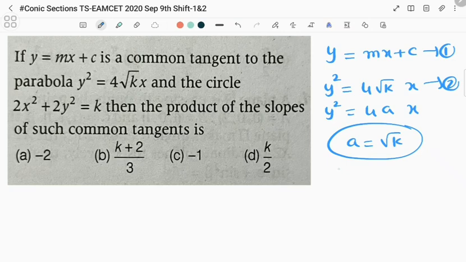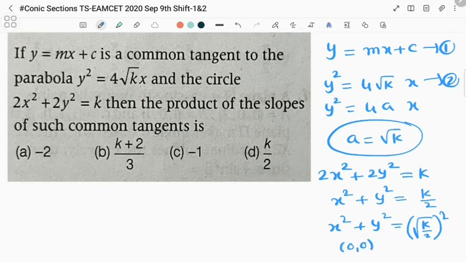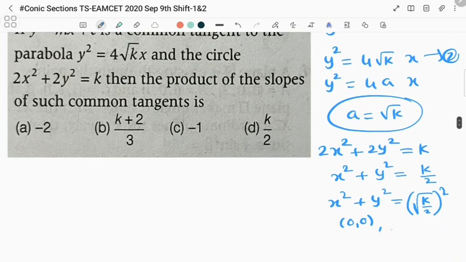And given equation of circle, 2x square plus 2y square is equal to k. X square plus y square is equal to k by 2. Still, if you want to write in the form of x square plus y square equal to r square, so root k by 2 whole square. Okay. The circle center is 0, 0 and radius r is equal to root k by 2.